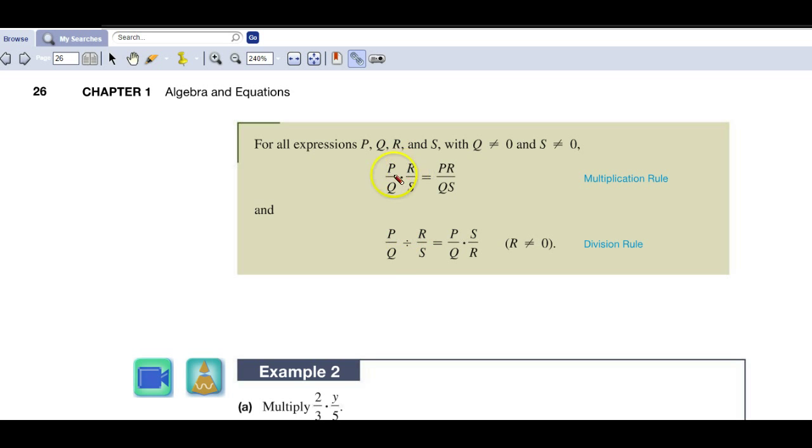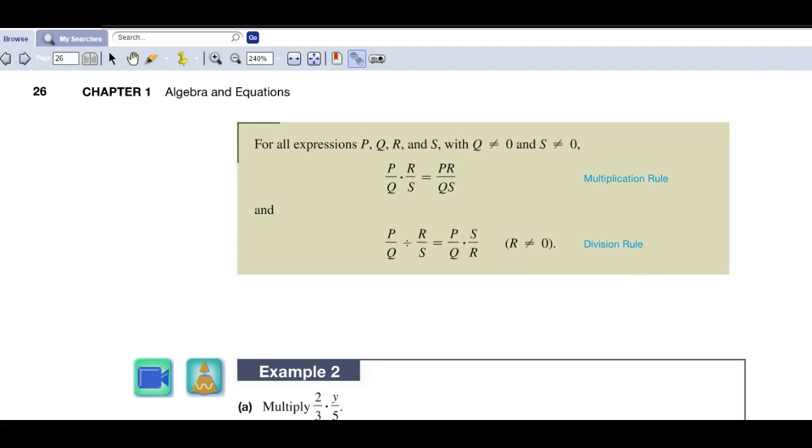This is multiplication, but now this is division. What we're going to do is take the division sign, convert the division sign to multiplication, and then our second item, we take the reciprocal of that. That is, we switch it around. The S goes to the numerator, the R goes to the denominator, and again, you see if you can cancel out anywhere, and that's division.